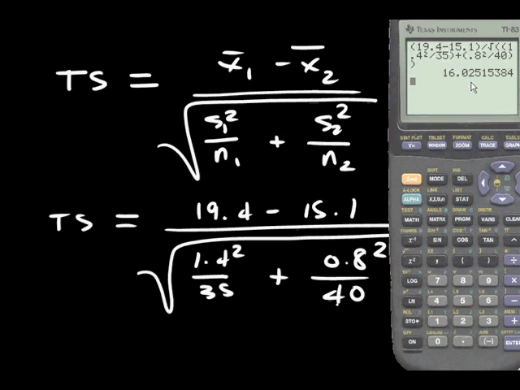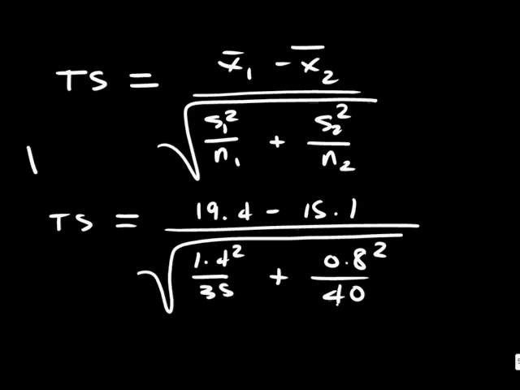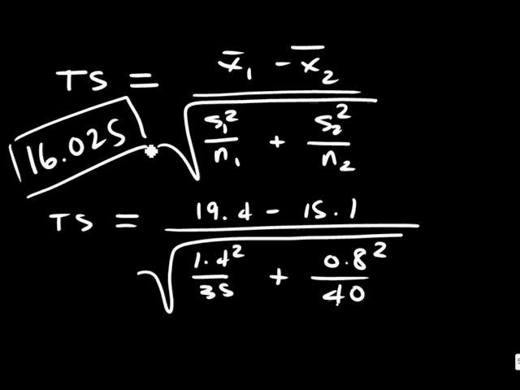Let's see where this lives on our decision rule. 16.025 looks like it's way off the charts somewhere over here as a test statistic value. It is very much past the critical value of 1.96.